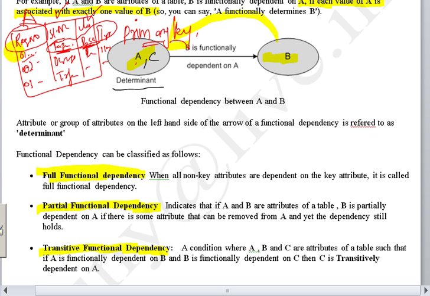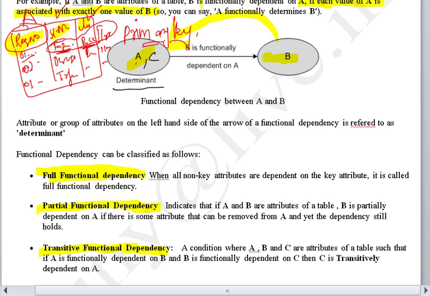Now here we have full functional dependency. Here we have a registration number. Your student name and your class are fully dependent on registration number. If you tell the registration number, it will uniquely tell which student name and which class.